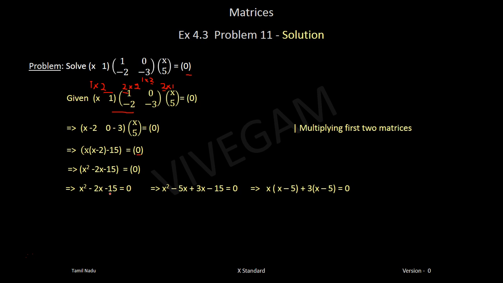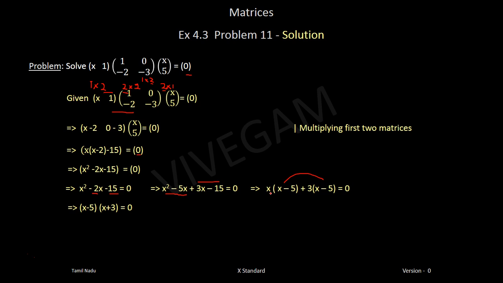This is a quadratic equation. Minus 15 has to be split in such a way that we get minus 2. Minus 5 into 3 is minus 15, and minus 5 plus 3 is minus 2. So minus 2x must be written as minus 5x plus 3x. Take x commonly out from these two, and 3 commonly out from the other two. So it becomes x into x minus 5 plus 3 into x minus 5, and x minus 5 is common.